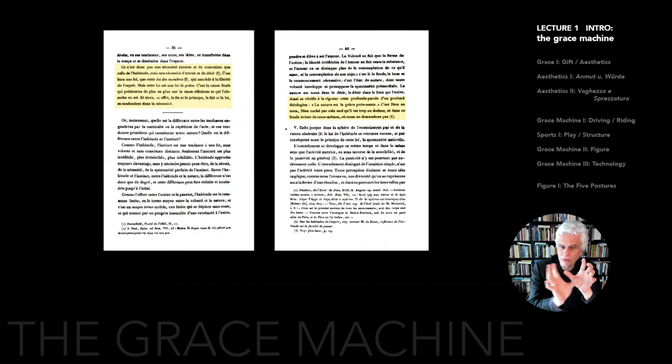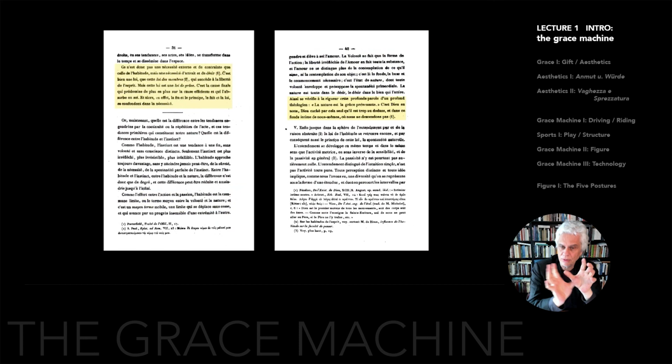So this idea of habit breaks into a non-habitual state. Now, habit literally means having, habere, and that quite directly opposes the idea of the gift, right? Anything you have, you cannot properly give, right?